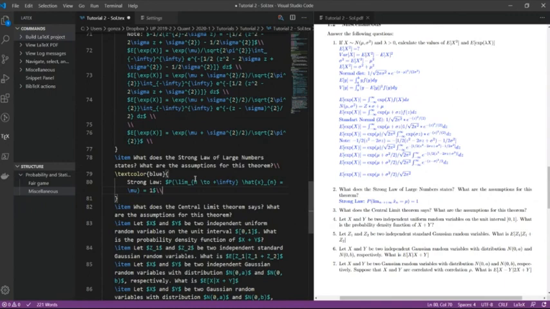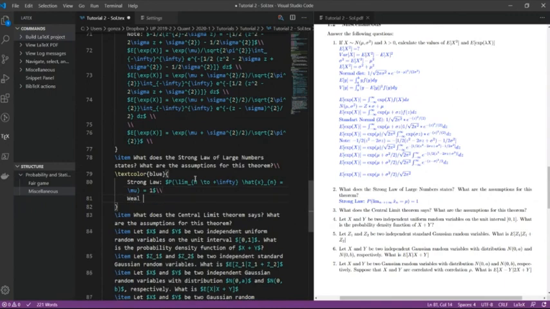Now, on the weak law, you have something a little different.